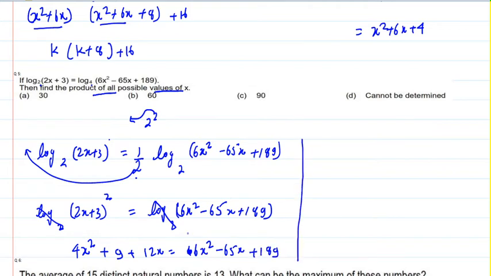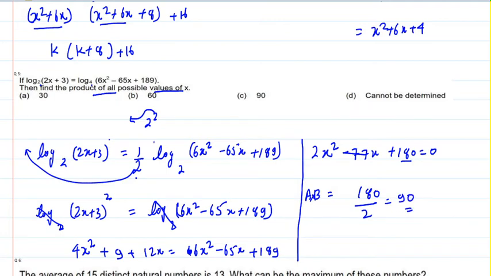If I rearrange that, if I send these values on the right side, I will have 2x square minus 77x plus 180 is equal to 0. Now, product of roots of a quadratic is available as c upon a, which is 90 in this case. That is the answer option C.